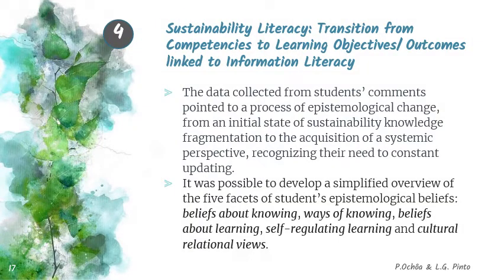The data collected from students' comments pointed to a process of epistemological change from an initial stage of sustainability knowledge fragmentation to the acquisition of a systemic perspective, recognizing their need for constant updating. It was possible to develop a simplified overview of the 5 facets of students' epistemological beliefs: beliefs about knowing, ways of knowing, beliefs about learning, self-regulation learning, and cultural relational views.